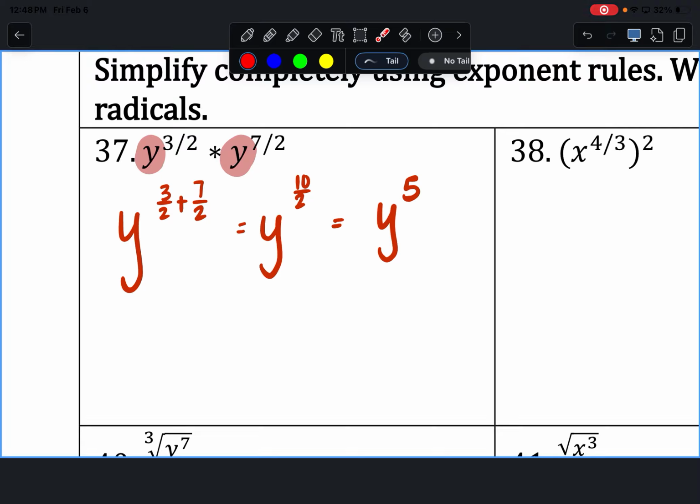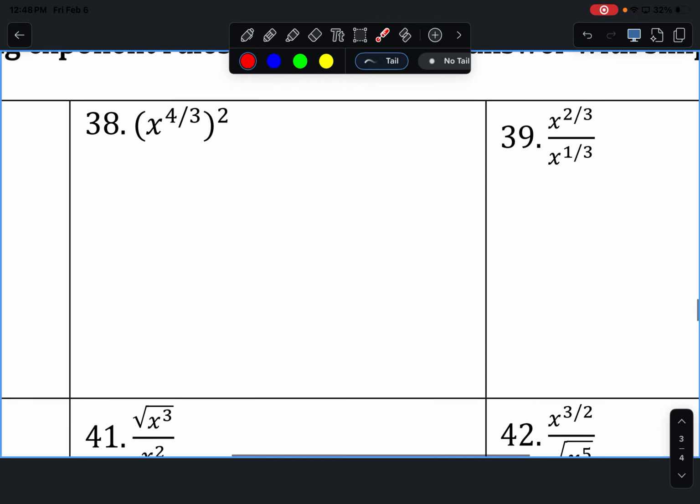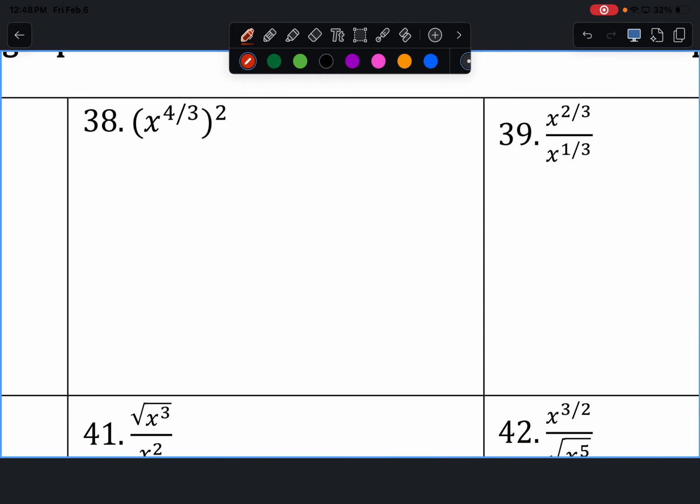Now, for number 38, I'm raising a power to a power. So what do we do? We have 4/3 times 2. What is technically underneath that 2? If I multiply those together, I'm going to get x to the power of 8 over 3. Now, can I write that as a radical?